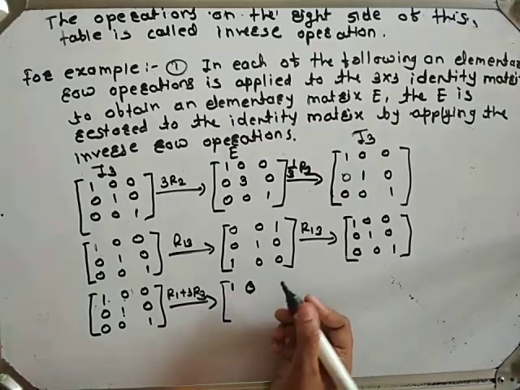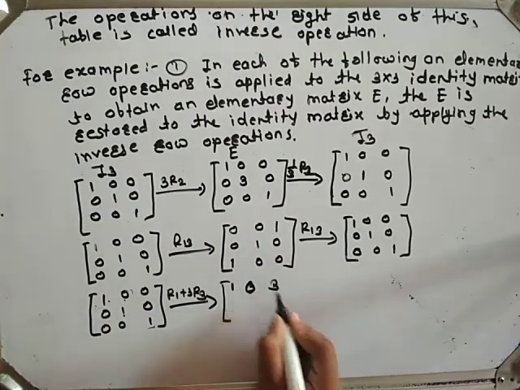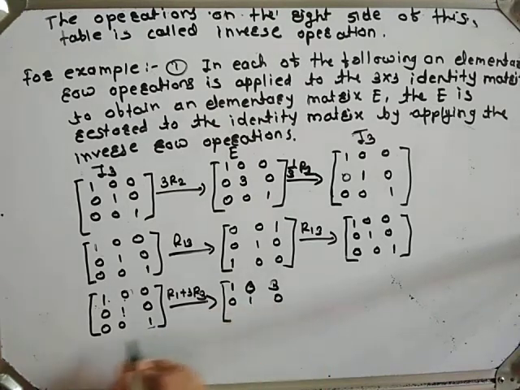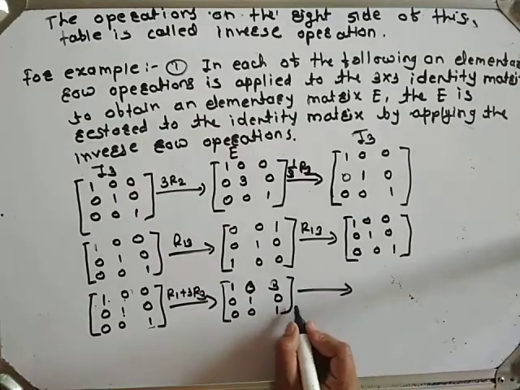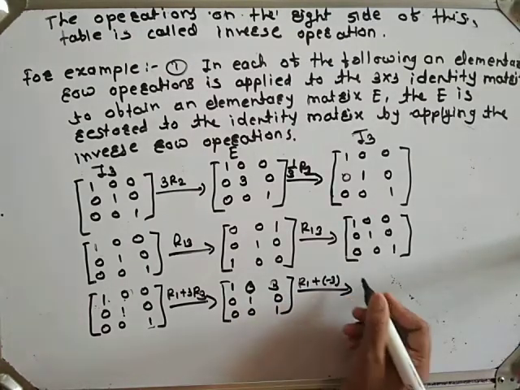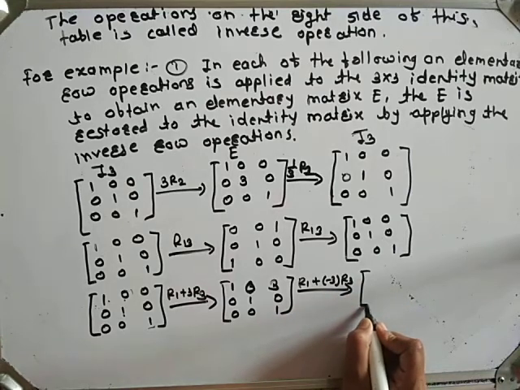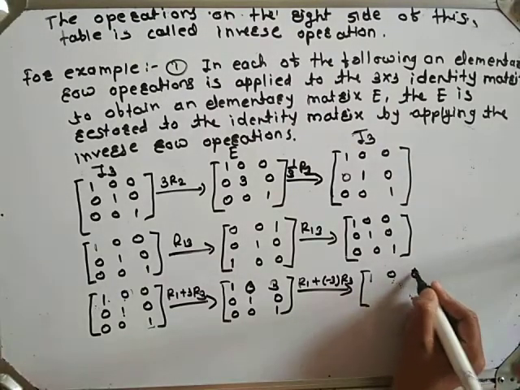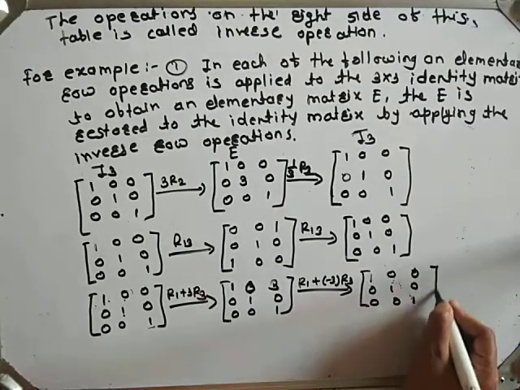Here we get the first row as 1 0 3, where the last entry is 0 plus 3, which is 3. Second row as it is, 0 1 0, and the last is 0 0 1. Here we have to perform the inverse operation, that is R1 minus 3 into R3. Then we get the identity matrix.